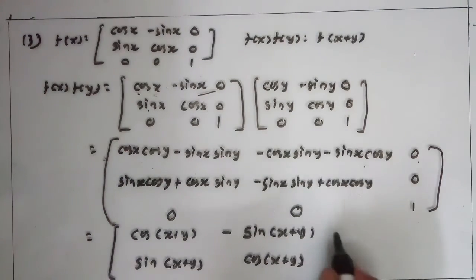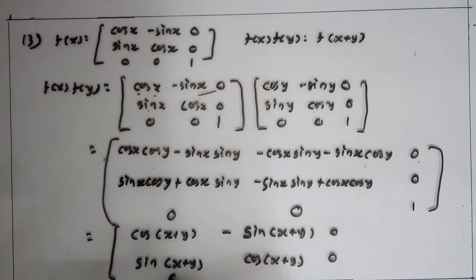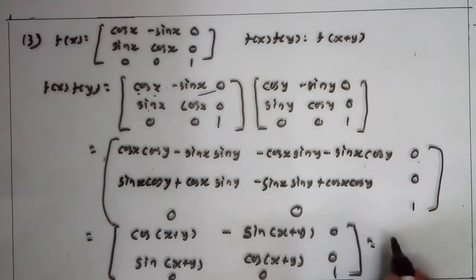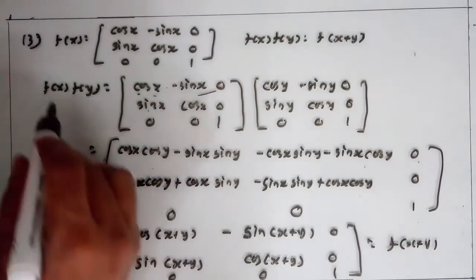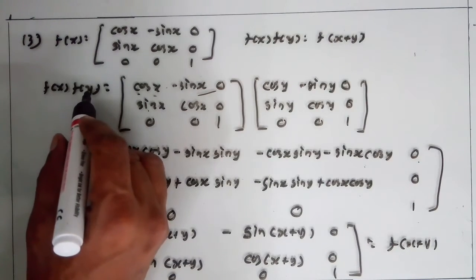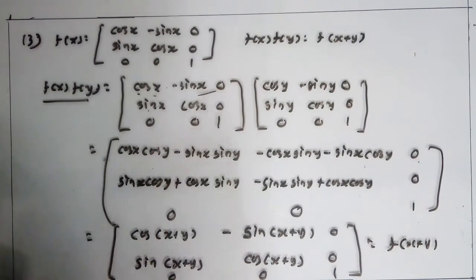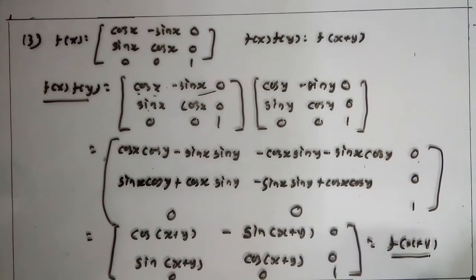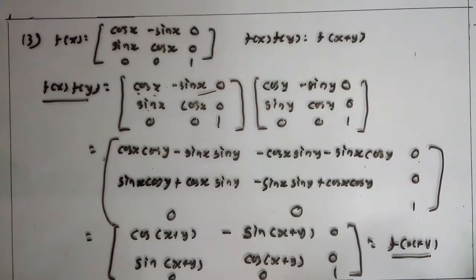And the remaining entries are 0, 0, and in the last row 0, 0, 1, and this is f(x+y). Clear? So f(x) into f(y) is equal to f(x+y). Clear this? Question number 14 given.